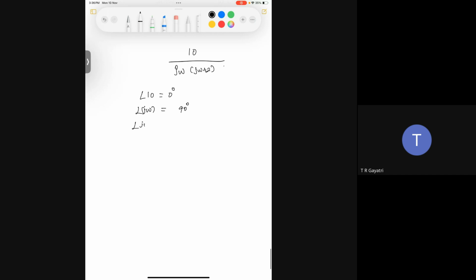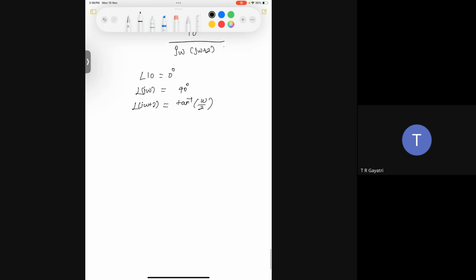Angle of j omega plus 2 will give me tan inverse of omega by 2. Now if I write angle of 0 minus everything here in the denominator, right? So it will be 90 minus tan inverse of omega by 2. So this is our angle.